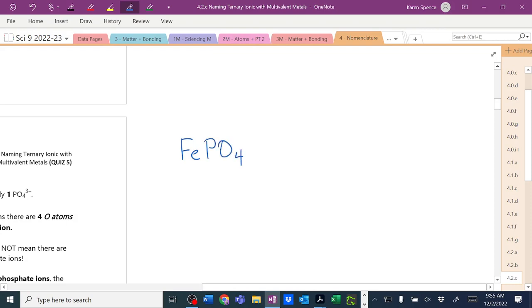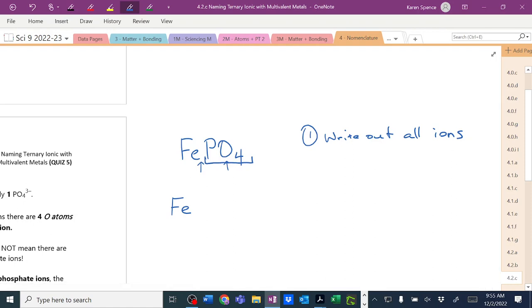FePO4. And the reason I like to show this one is this is where some people can get confused. Because the first thing we have to do is write out all the ions. How many Fe's? Just one. How many of these guys? And this is the tricky part. A lot of the times people will be like, oh, there's 4 of them, but there's not 4 of them.